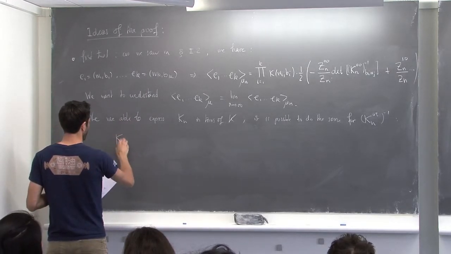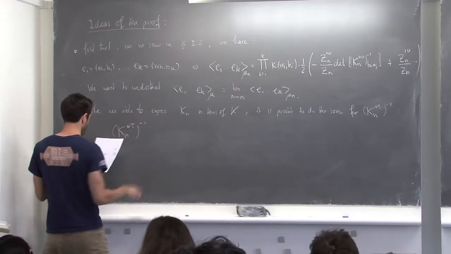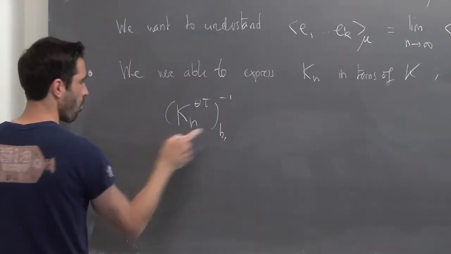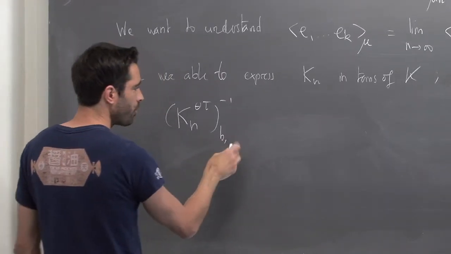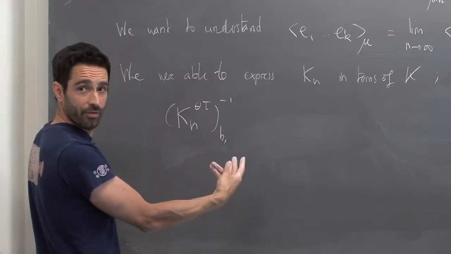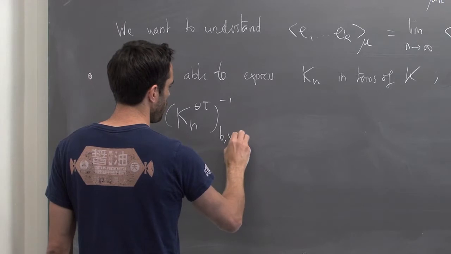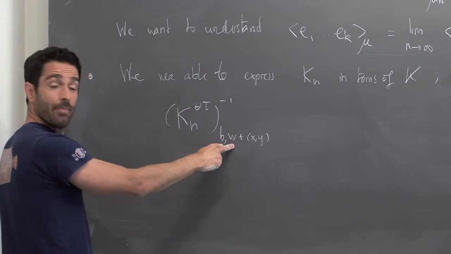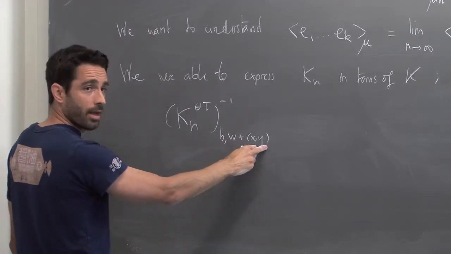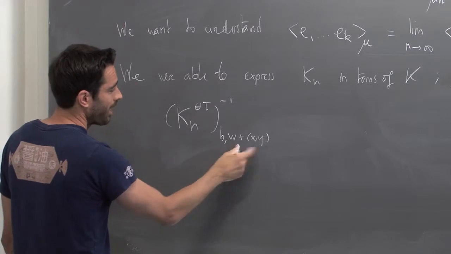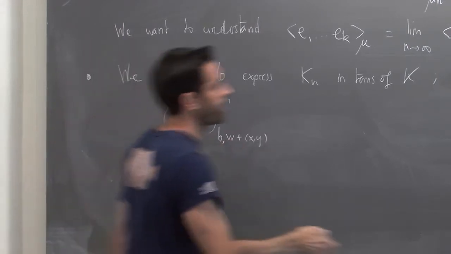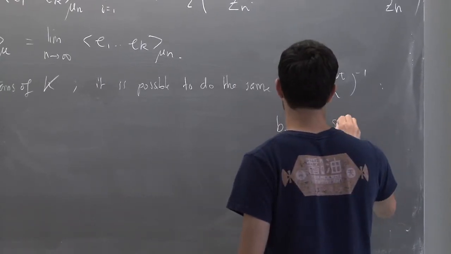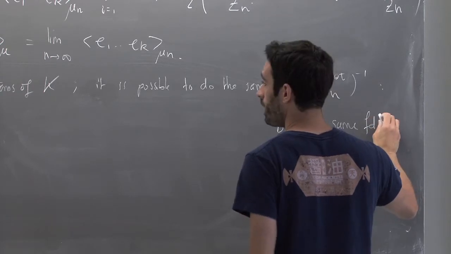So Kn(theta, tau) inverse. Here I need a black and a white vertex. So I'm going to write a general pair of black and white vertices as B, W plus (x, y), where B and W lie in the same fundamental domain, and (x, y) is something in Z squared that expresses the difference between them.